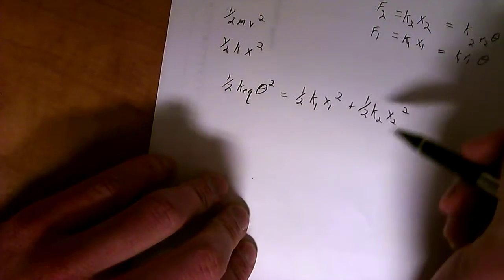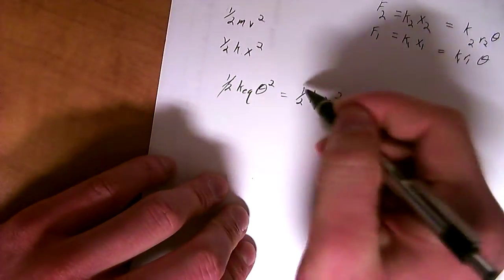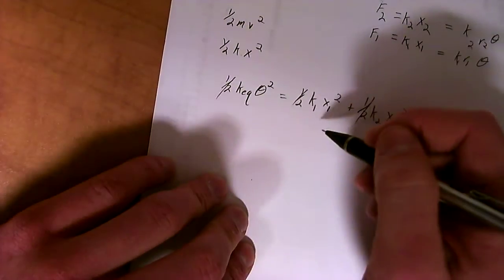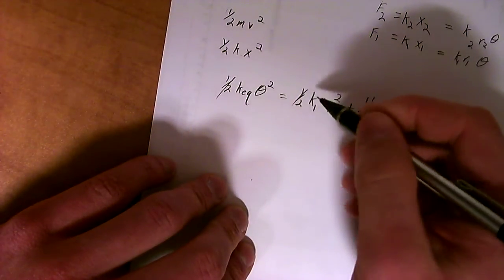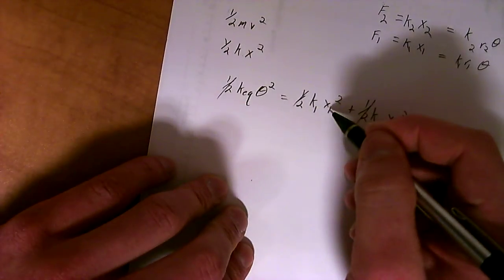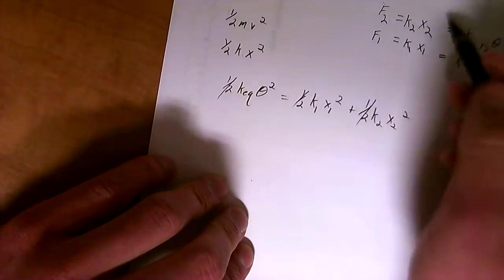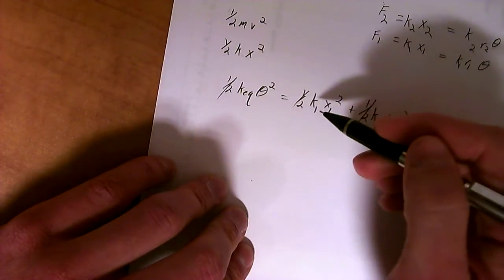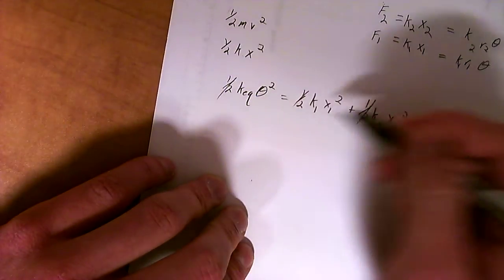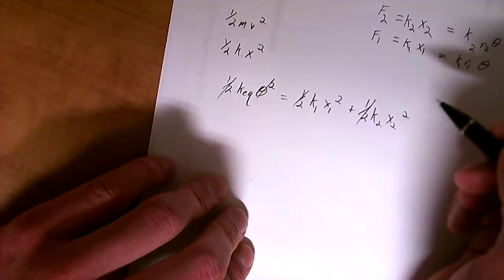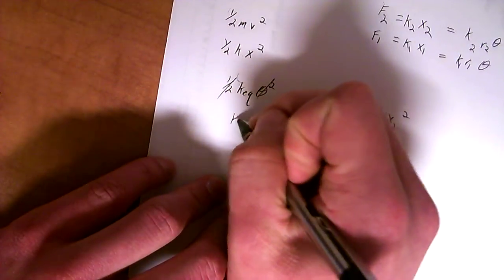Alrighty, looking at it like this, you can see that the 1/2s will cancel. Kx we have defined from above by this x1 and this x2, and we'll sub that in just a second. And then the thetas will, oh wait, too early. Alright, so let's just go ahead and put that x in there.